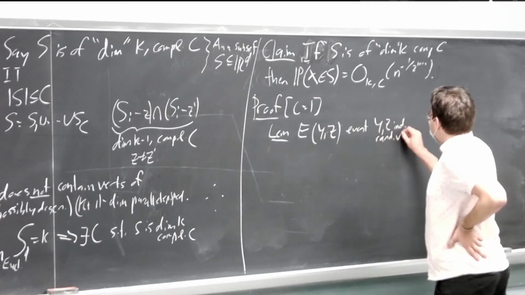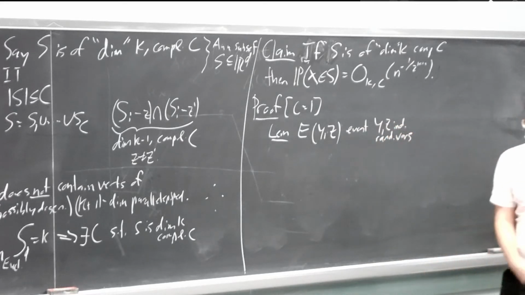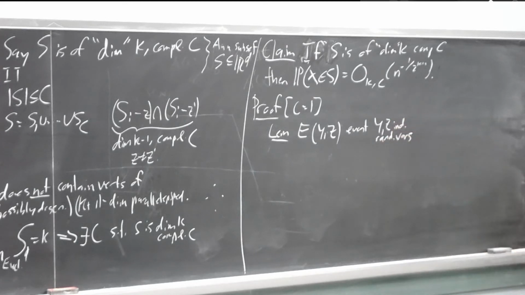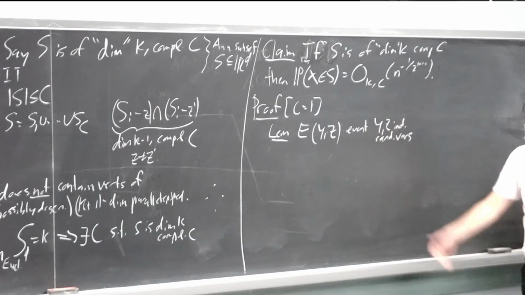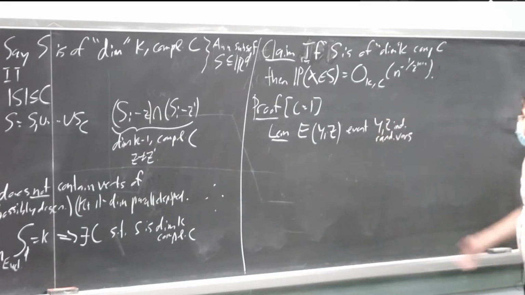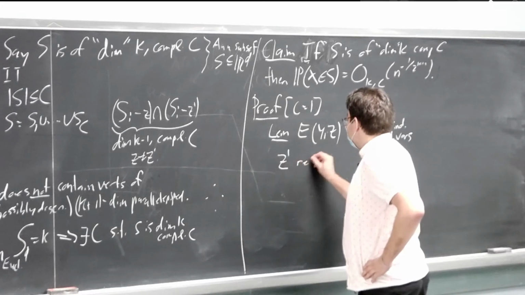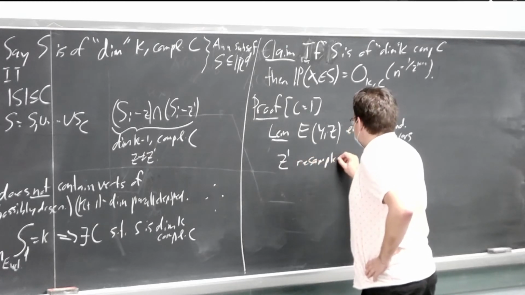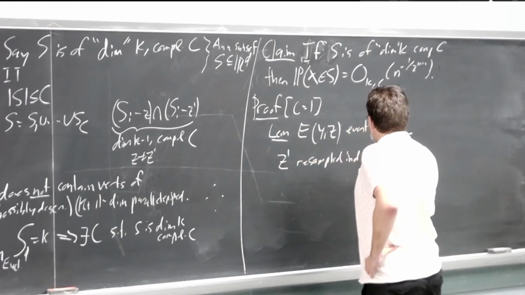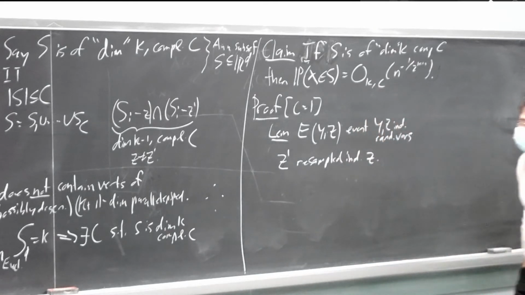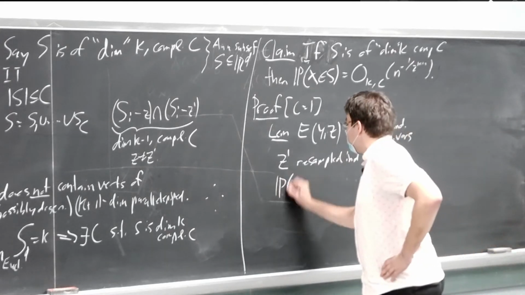The event might be true or false: I get y, I get z, and I see if the event is true. Suppose I didn't like z, so I resample z. So z prime is the resampled independent z. Then we have the following inequality.